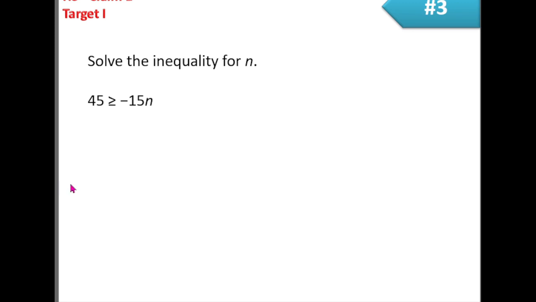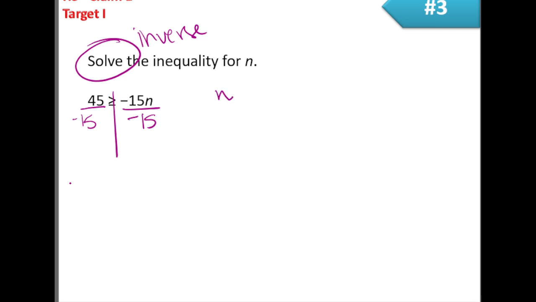This, I'm just gonna go over this once as well. So remember, if it says solve, we do inverse. So let's get rid of negative 15. I divide by negative 15 to both sides.